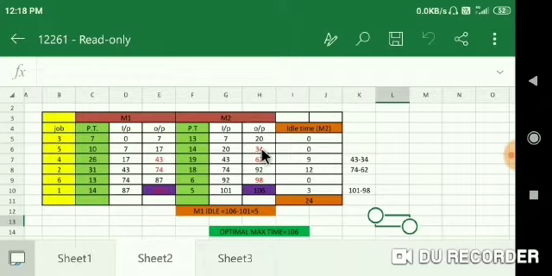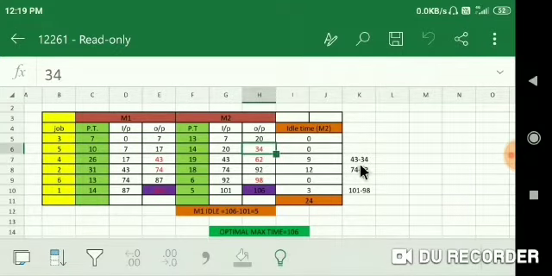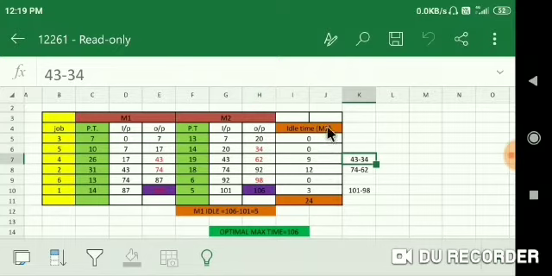So for 9 minutes this machine M2 will remain idle, because we are not getting the raw material, or we can say the unfinished product, from machine M1. So 43 minus 34, this machine M2 will remain idle for 9 minutes.